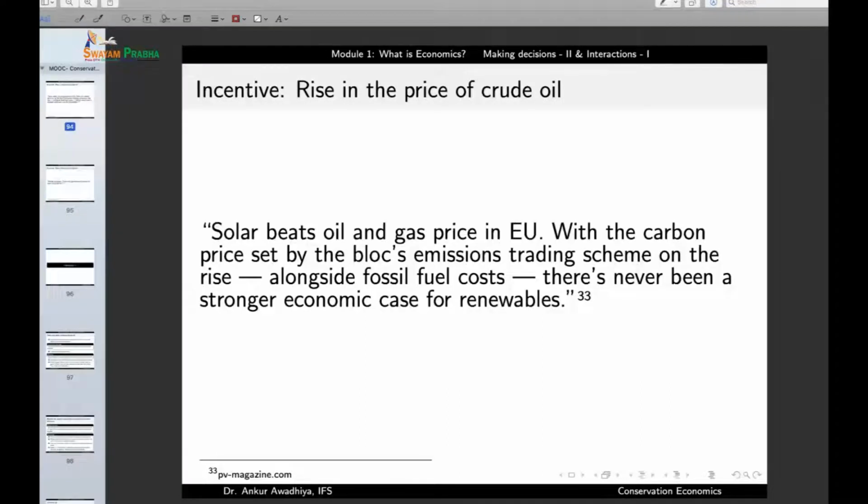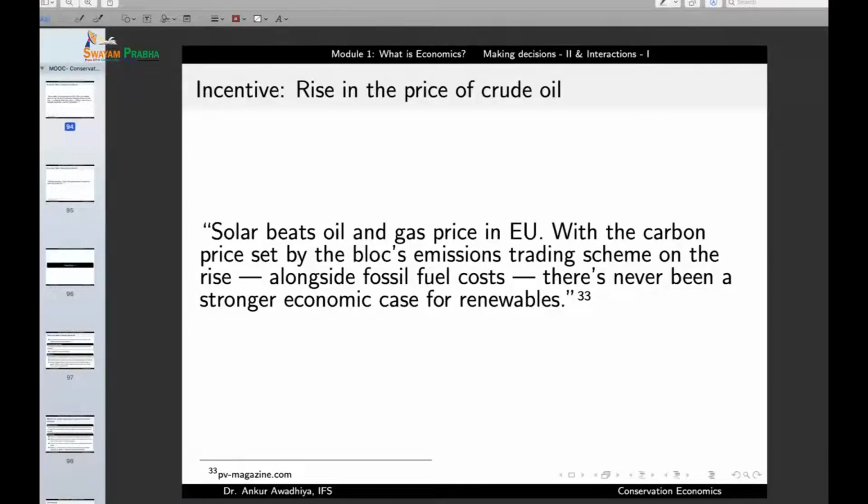Another incentive or another act that has been introduced is that solar beats oil and gas price in EU. So because the oil and gas prices are going up, because the crude oil prices are going up, now the industry is looking at alternatives. And one such alternative is solar plants or solar energy.